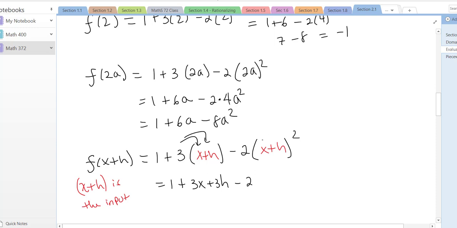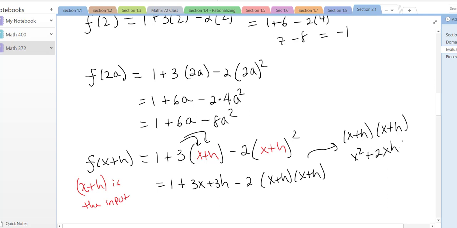So now we're going to do the exponents. So x plus h squared means x plus h times x plus h. So I'm going to do it on the side here. x plus h times x plus h is x squared plus, what's this, xh plus another xh, so 2xh plus h squared.